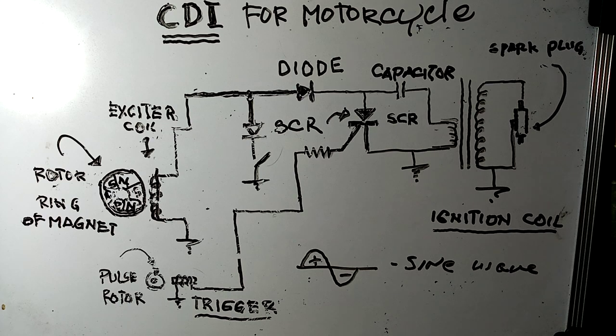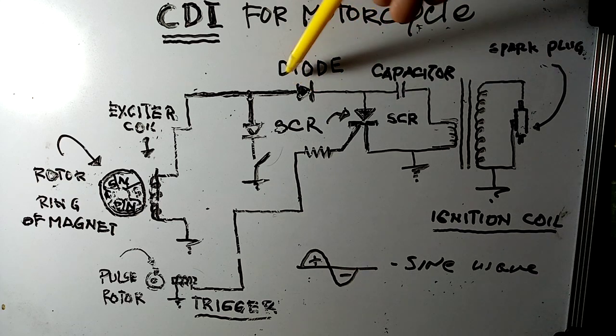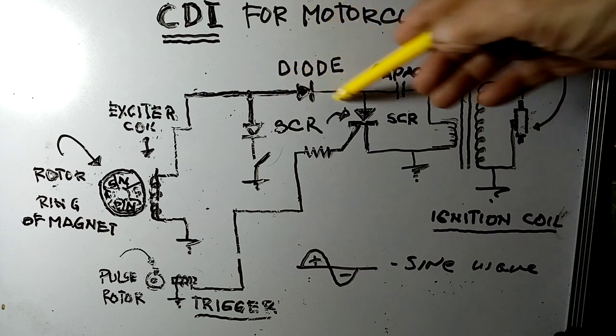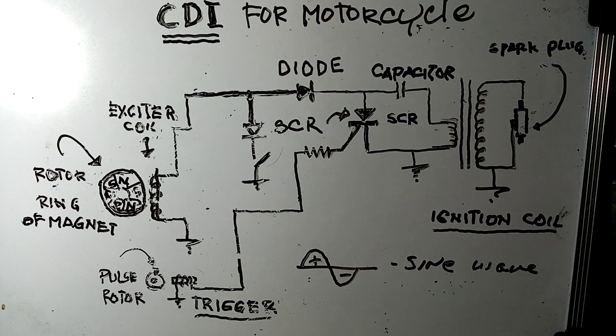So we have here a diode. A diode has two terminals, anode and cathode, like the SCR, but the SCR has a special gate. The anode and cathode function this way: when the anode receives positive electromotive force, that is a pressure, it will conduct, it will become a small conductor.